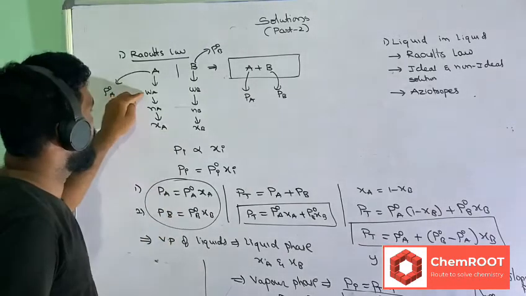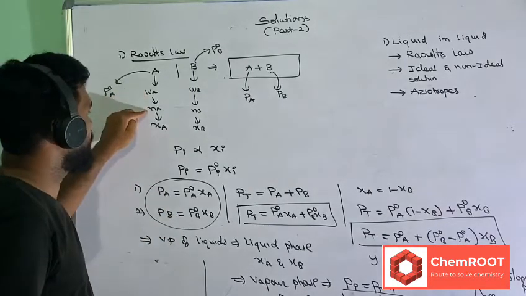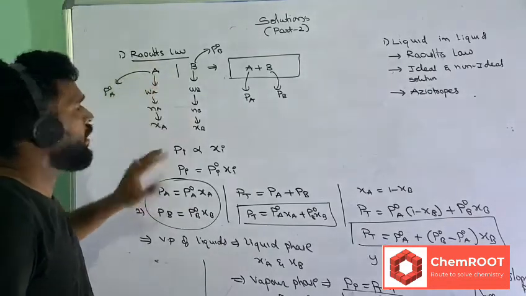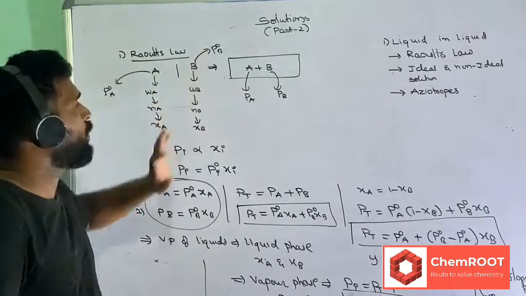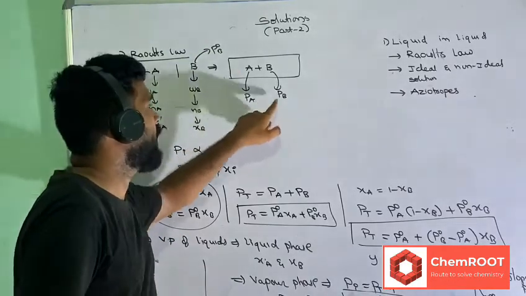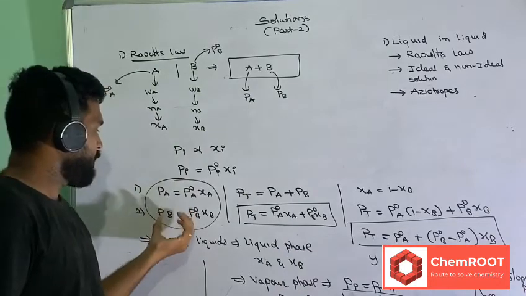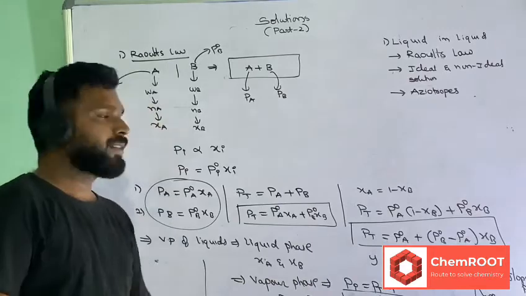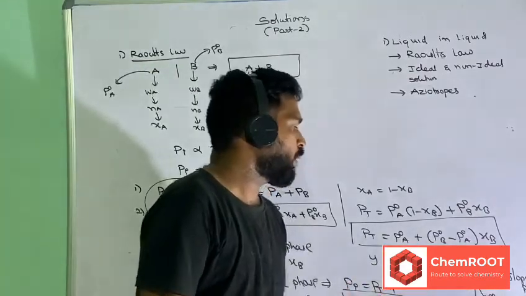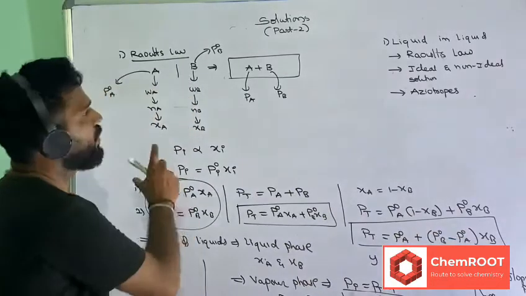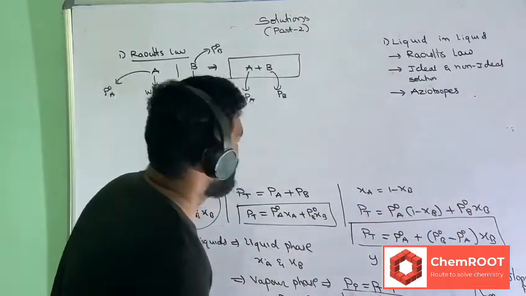They have weights WA, moles NA, mole fraction chi A, and WB, NB and chi B. Pure vapor pressures P naught A and P naught B. Then in solution they show vapor pressures PA and PB. So we get the relations for PA and PB in liquid phase and vapor phase, the related graph, and one more expression for P total. This is the first part related to Raoult's law.